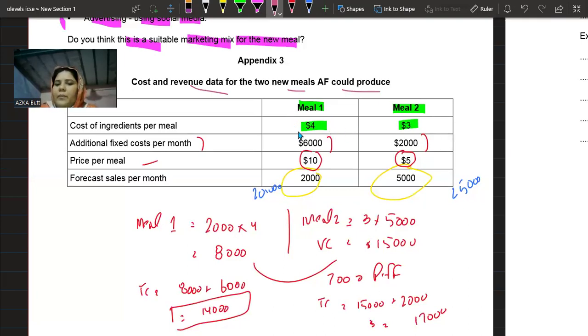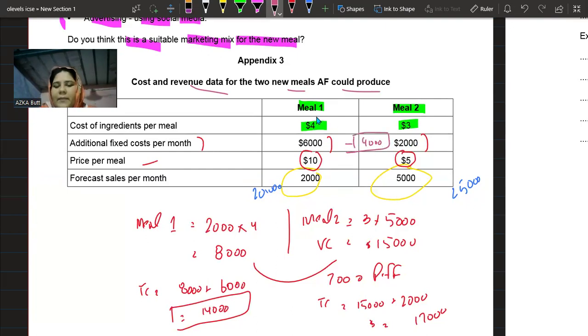For meal one, the cost is higher, and for meal two the cost is lower. So we can go with meal two just because its cost is $1 lower than meal one. And the second item is the additional fixed cost per month, which is $6,000 for meal one and $2,000 for meal two. So again, there is a very huge difference, which is $4,000.